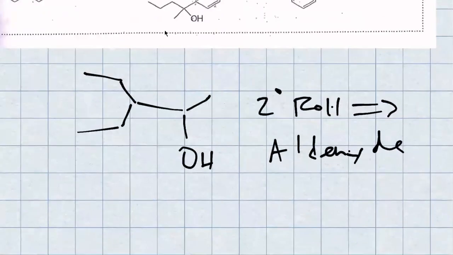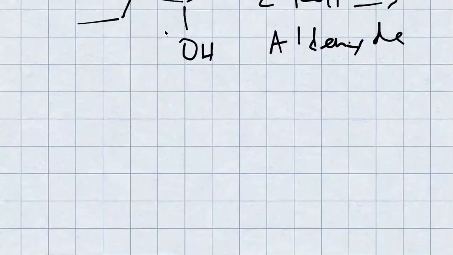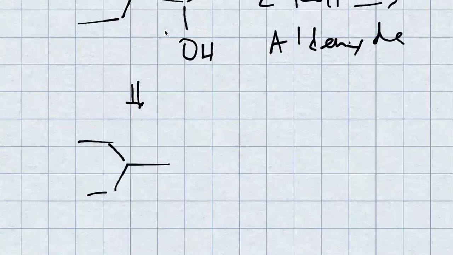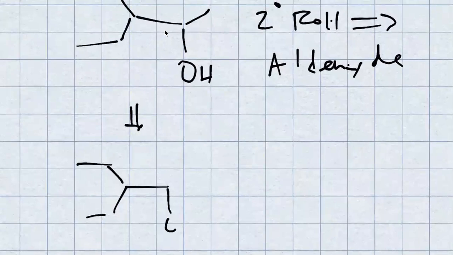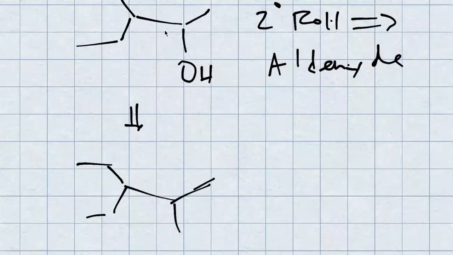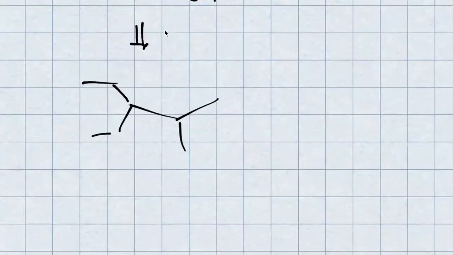All right. So first step, take off the H plus off the alcohol. Let me get my geometry right. So this is O minus now. All right.